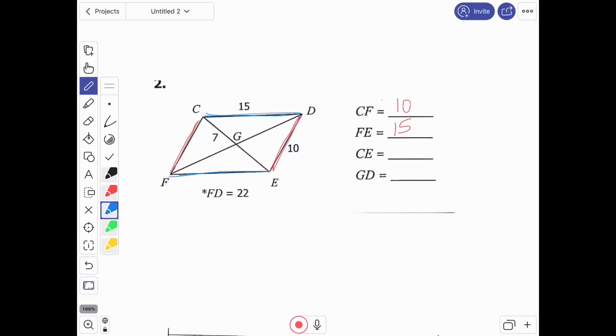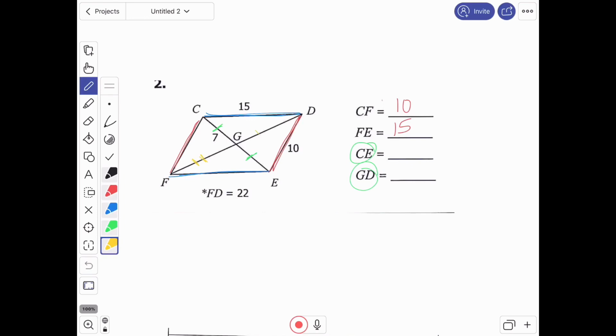The part that I saw the most trouble was finding CE and GD. So CE is one of the diagonals. The diagonals are said to bisect each other. So that means since they're bisecting each other, it's creating two congruent sections.